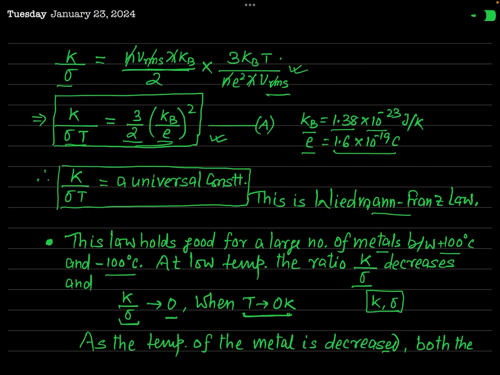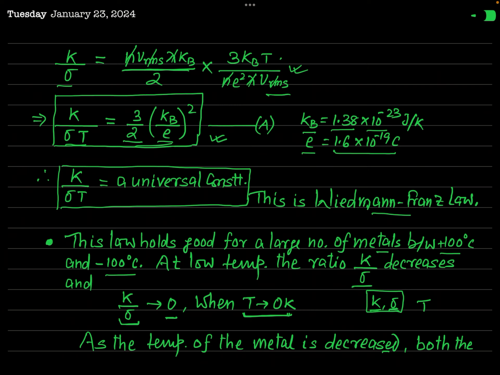When you decrease the temperature of the metal, both K and sigma will increase, not decrease. I mentioned it wrongly initially. But the increase in sigma is much more than the increase in K. At very low temperature, this ratio does not remain constant.